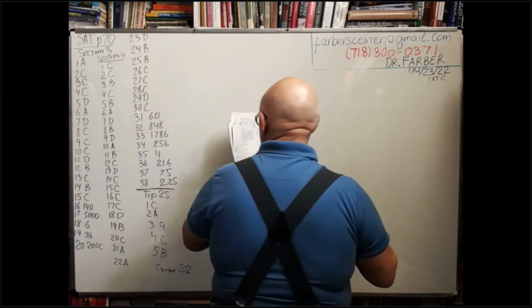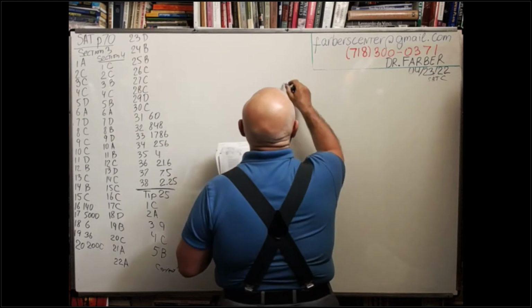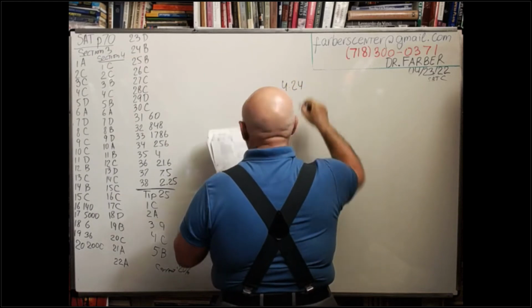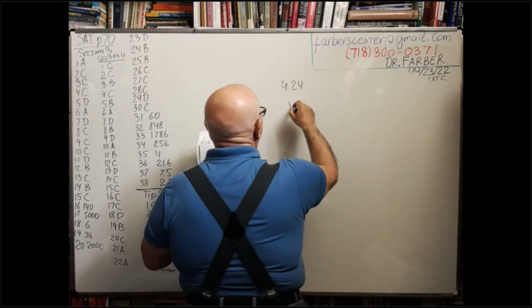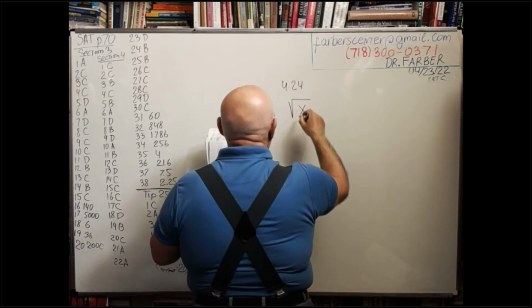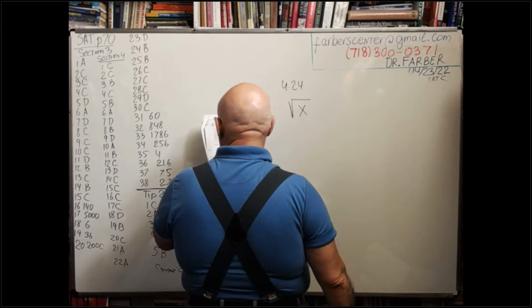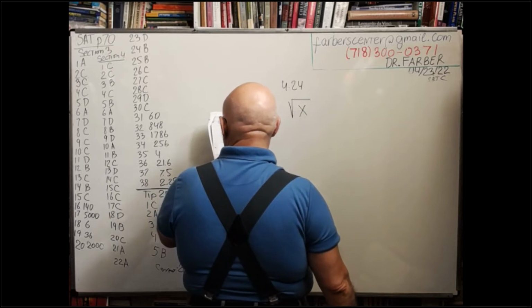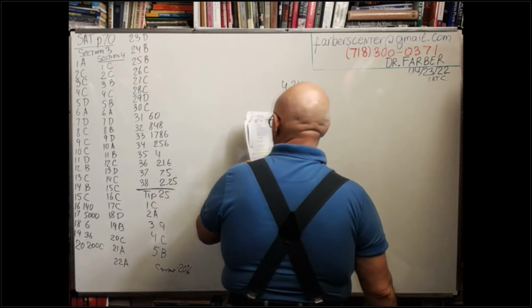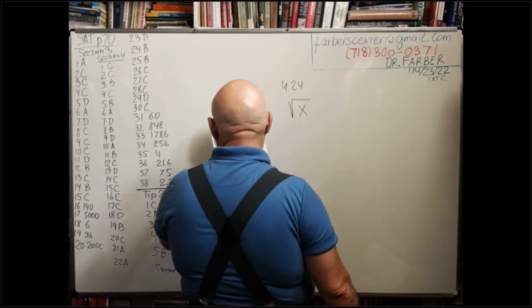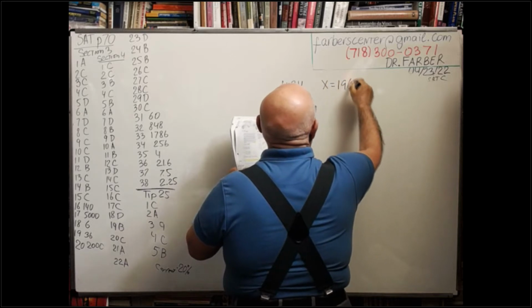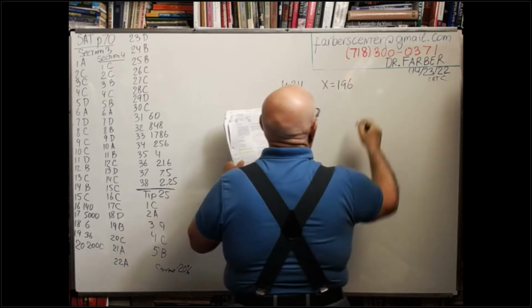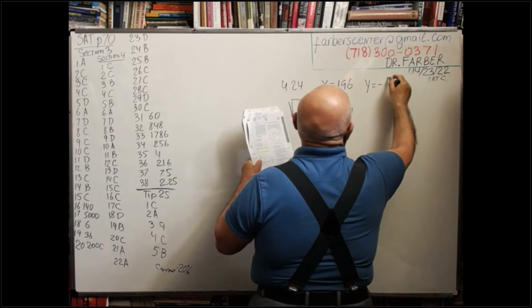And in this case, we have 424. They said square root of x varies inversely with y. And x equals 196 and y equals -1/2.